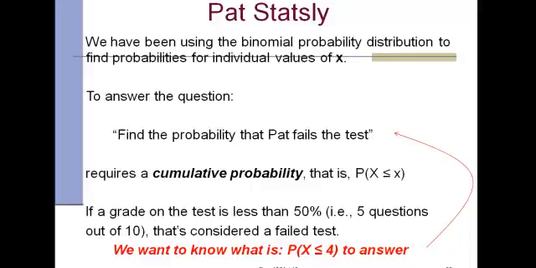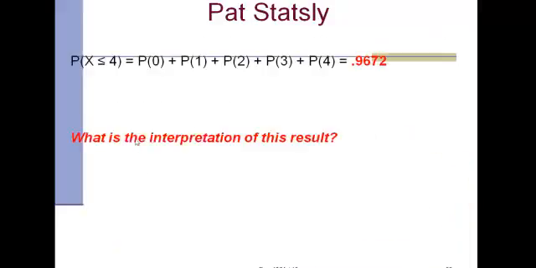So we want to know the probability that x is less than or equal to 4. That probability would be the probability of 0 plus 1 plus 2 plus 3 plus 4. And that comes out to be 0.9672.